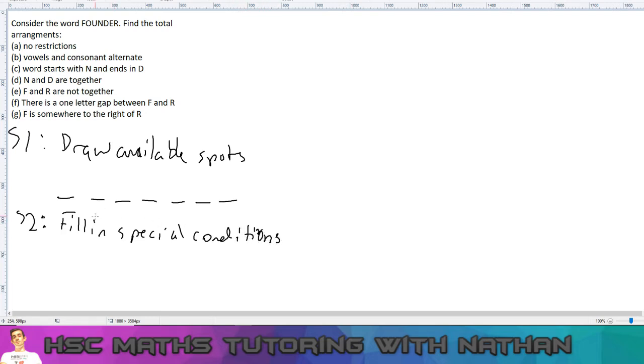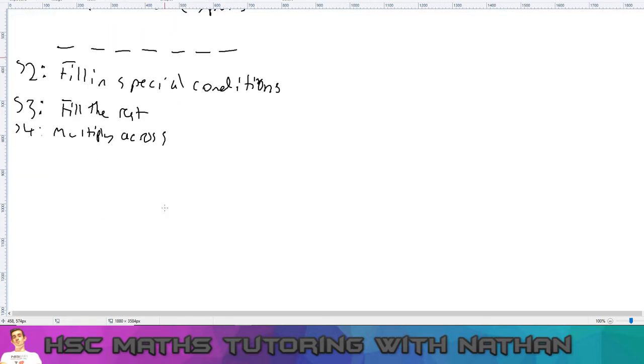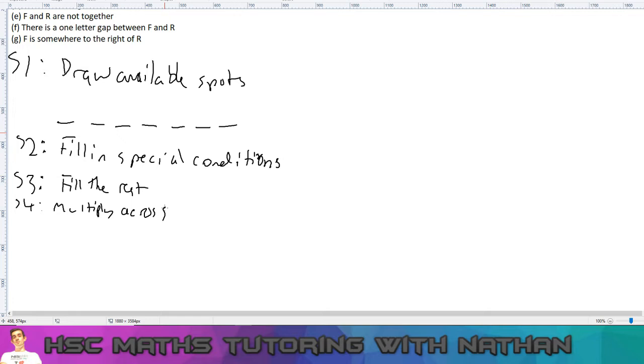And after we fill in special conditions, we then fill the rest, and then we multiply across. What we do is add different cases, so we'll get to that later. This is an optional step, it depends if the question has multiple cases.